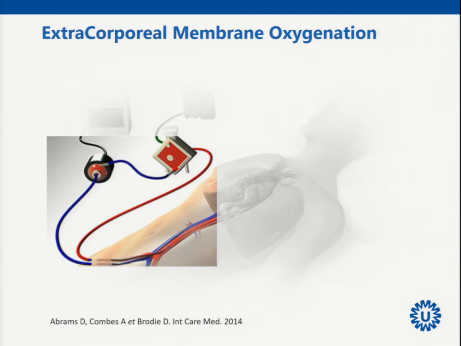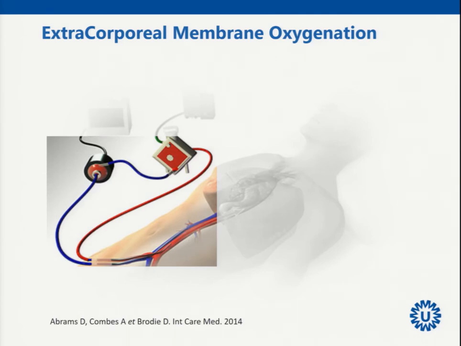And then the blood is oxygenated in an artificial membrane lung, which is supplied with a mixture of air and oxygen, and in pediatric ECMO often also CO2. Since this is a very efficient artificial lung, it is then given back to the patient, and in this situation it's given back to the arterial system.